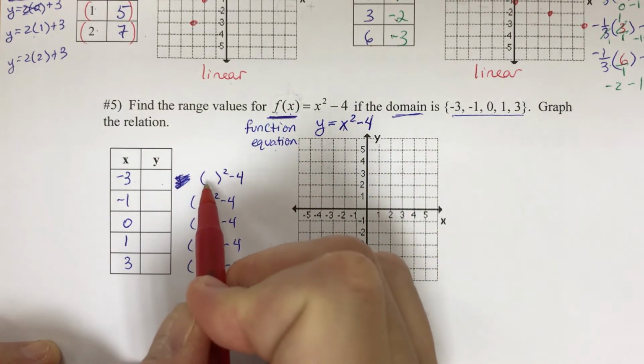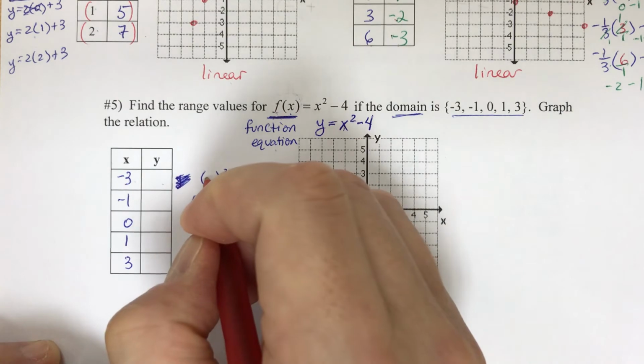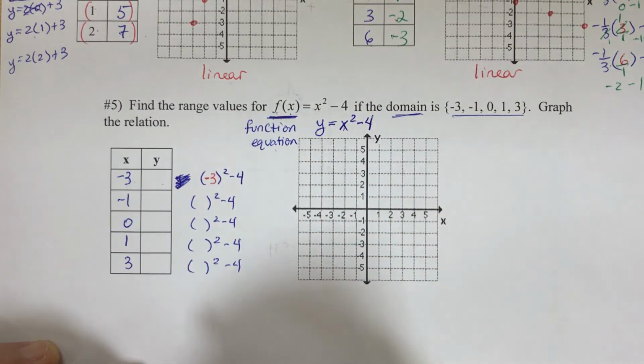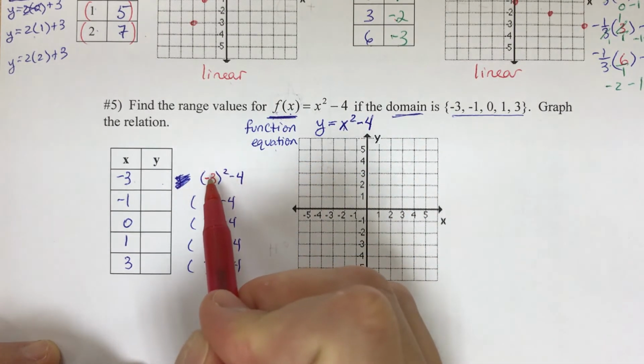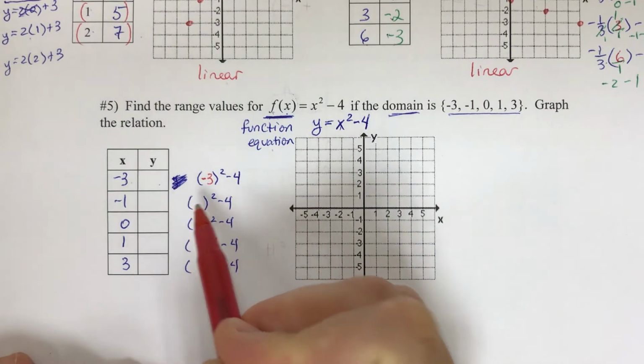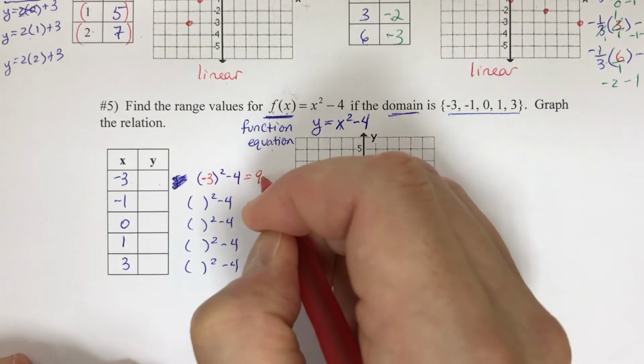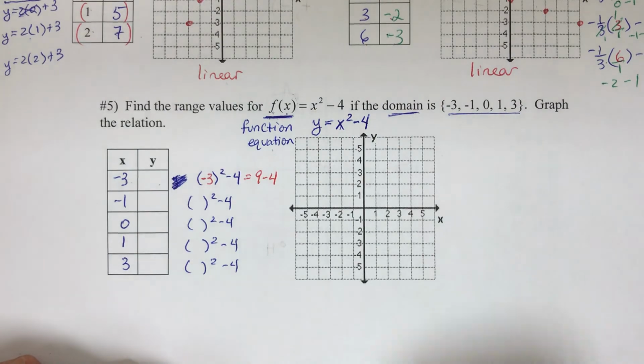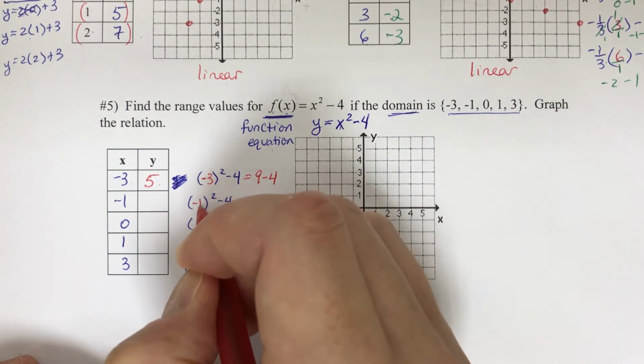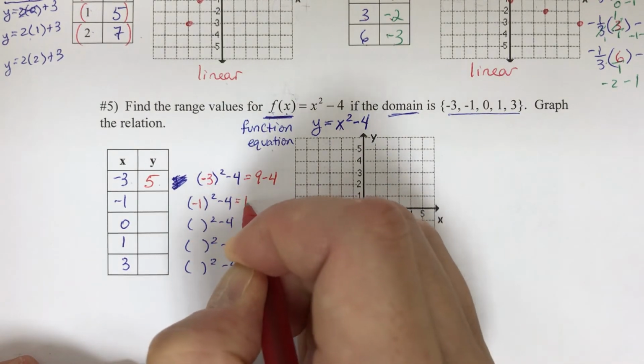So to evaluate, we're going to substitute, starting with -3. Now be careful here. When you square a negative, -3 times -3 is a positive 9. Minus 4 gives us 5. -1 times -1 is 1.